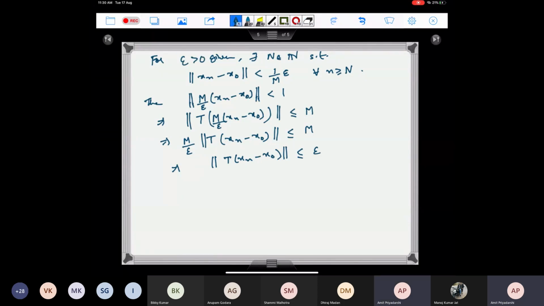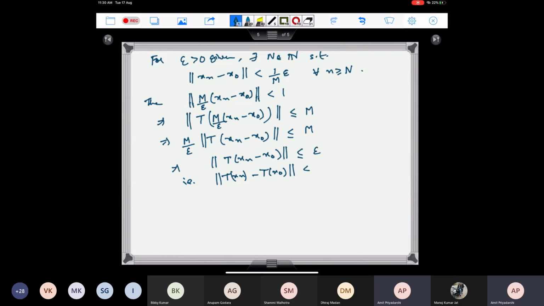Then m by epsilon times this is in the unit ball, so T of that is less than or equal to m, and this gives norm of Txn minus Tx naught less than 2 epsilon.